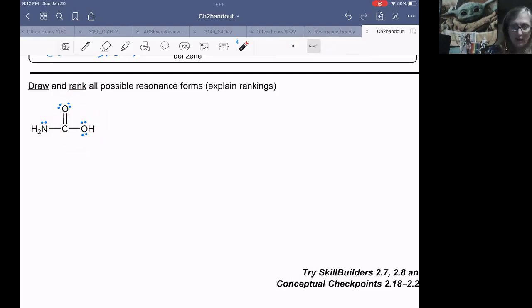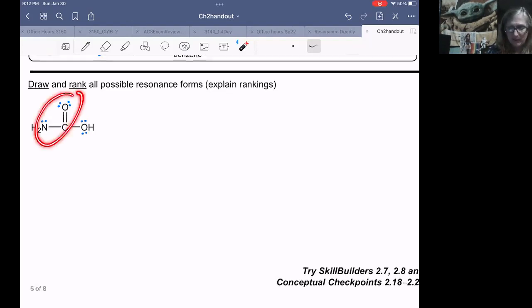Or you might say, I have a carbonyl that has resonance, so I could think of that kind of resonance pattern as well. It doesn't matter which one you start with. We're going to explore them all eventually.